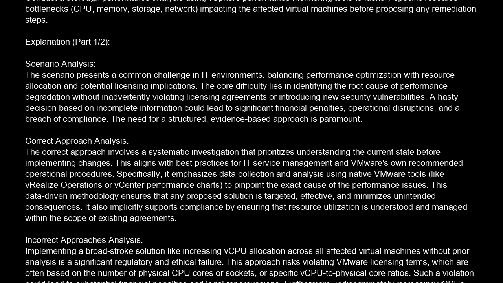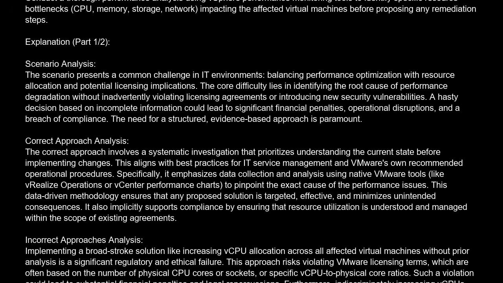Incorrect approaches analysis. Implementing a broad-stroke solution like increasing vCPU allocation across all affected virtual machines without prior analysis is a significant regulatory and ethical failure. This approach risks violating VMware licensing terms, which are often based on the number of physical CPU cores or sockets, or specific vCPU to physical core ratios.